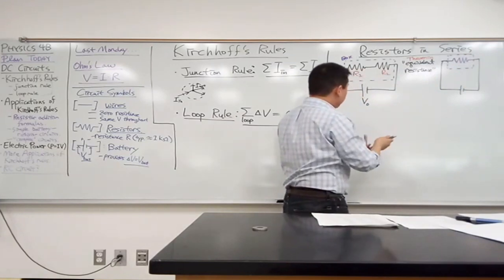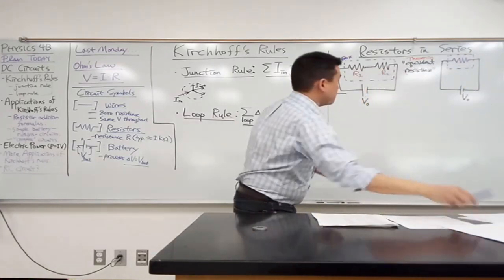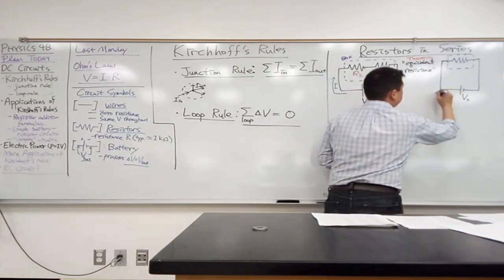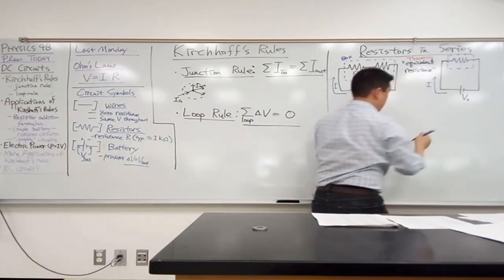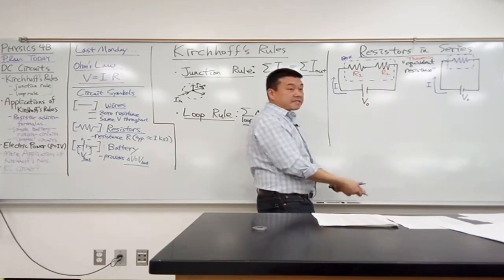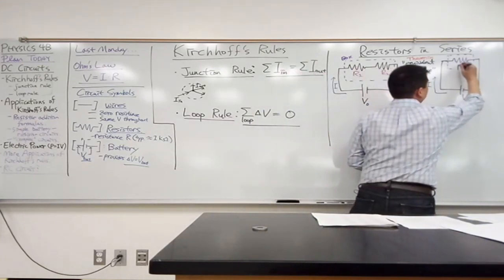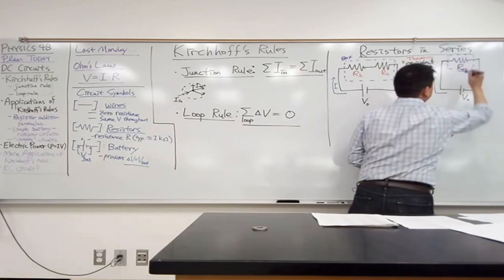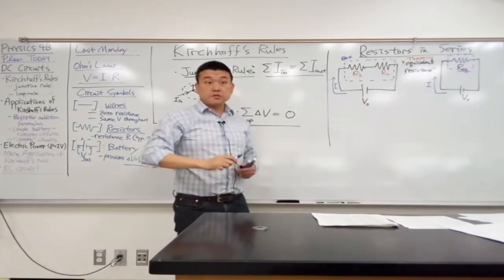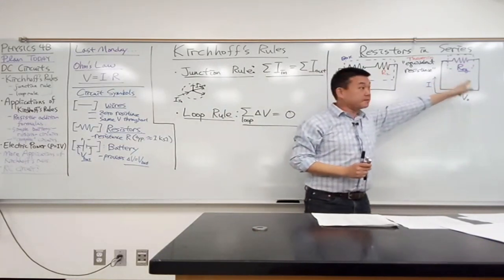And with the same voltage, it somehow produces the same amount of current. That will be consistent with the resistance of this resistor being what we are going to call equivalent resistance. So that's the sense in which this is the equivalent resistance.